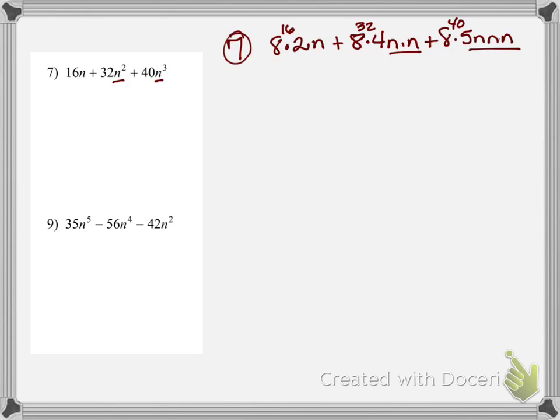So now I'm going to write down everything that they have in common. So I've got an 8. So I'm going to write down an 8, scratch out the 8. I notice that they all have at least one n. So I'm going to write that down and scratch it out. And now I'm just going to write down everything that was left over.